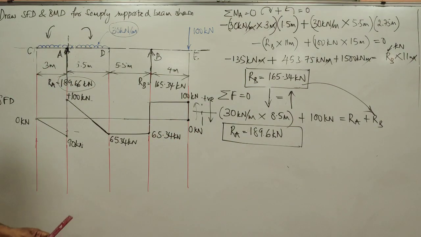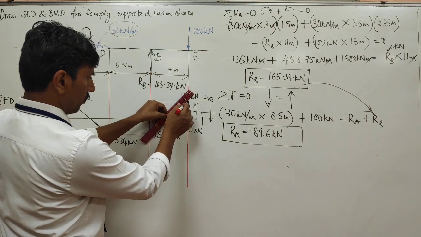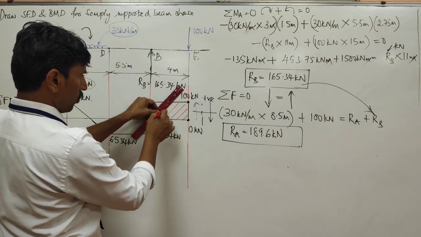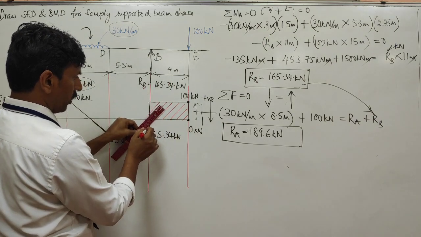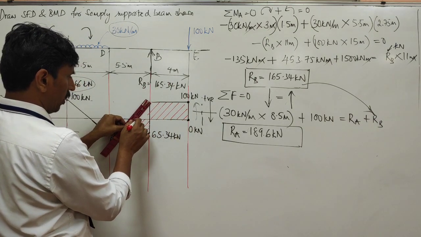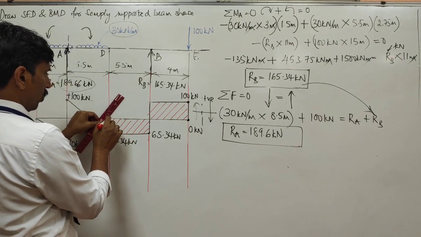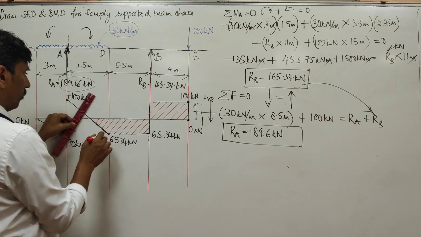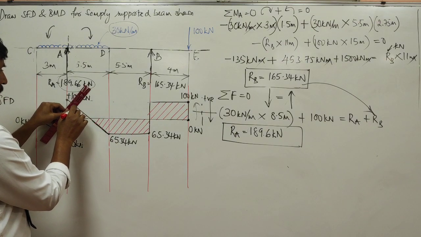So all the area above the zero line, please shade it like this, so people understand that this is the zero line, and shade this like this, so you understand that this is the area below the zero line. So you see the variation of the shear force throughout.